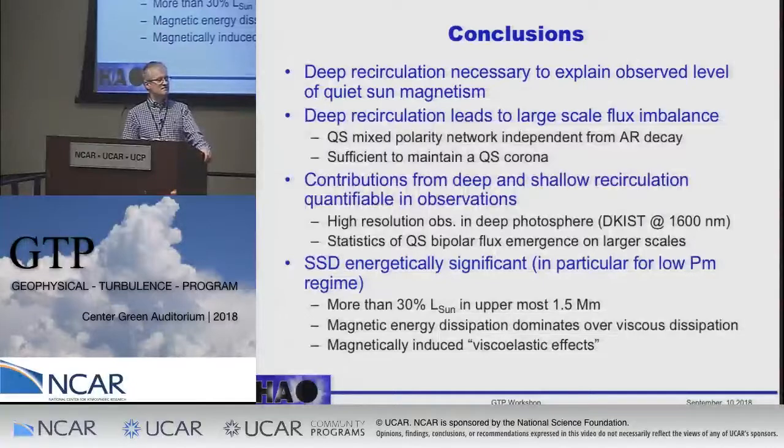To what extent is that concept relevant in the corona, contrary to what people normally think? They think of current sheets making most of the dissipation, and now if it's really viscous dissipation, it's a very different paradigm for heating. The magnetic Prandtl number of the corona, if you at least take Spitzer values as a reference, should be 10 to the 10.